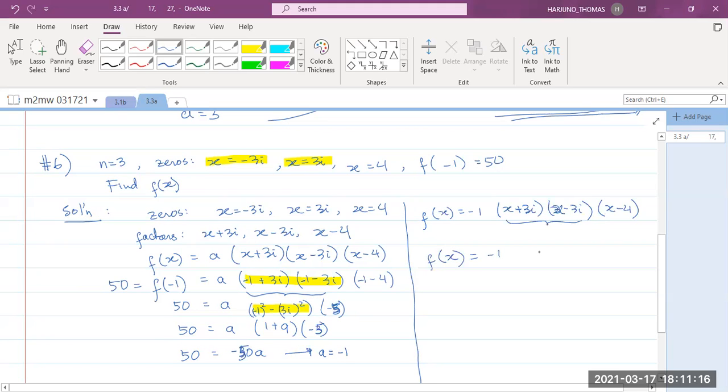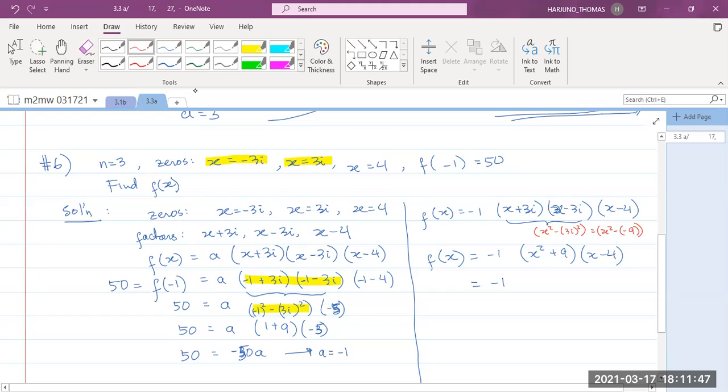That's basically x squared plus 9, because (3i) squared is negative 9. This is x squared minus (3i) squared, that's x squared minus negative 9. That's how we get that positive 9 there.